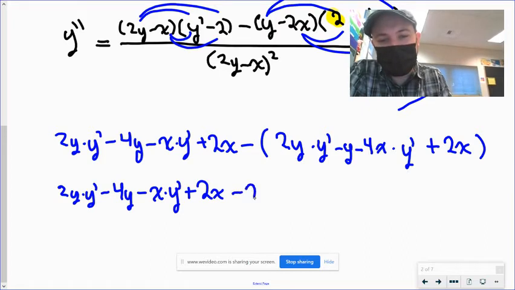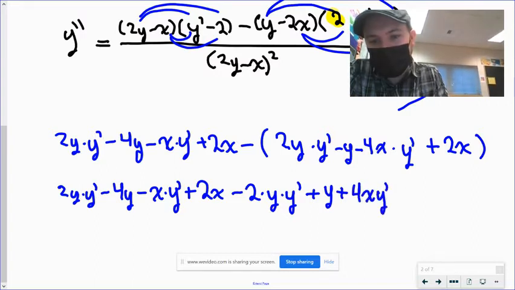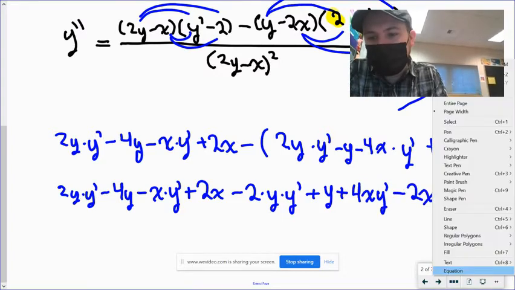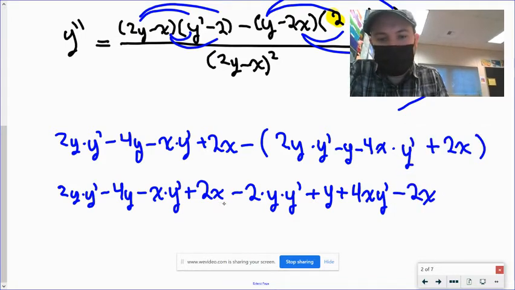Then we have minus 2y times y prime plus, that's a y by itself. Yep, okay. Plus y plus 4x y prime minus 2x. All right, let's go on the hunt for like terms. I think there's at least some. Oh, there's some like terms that actually end up canceling.